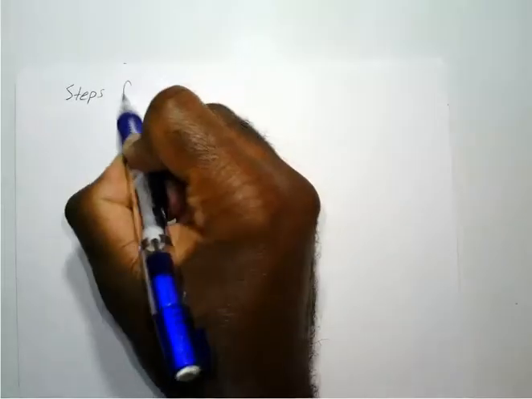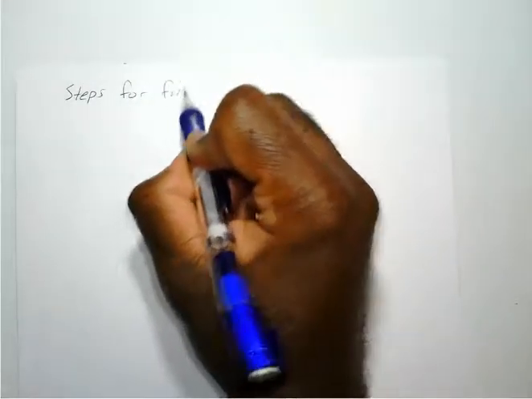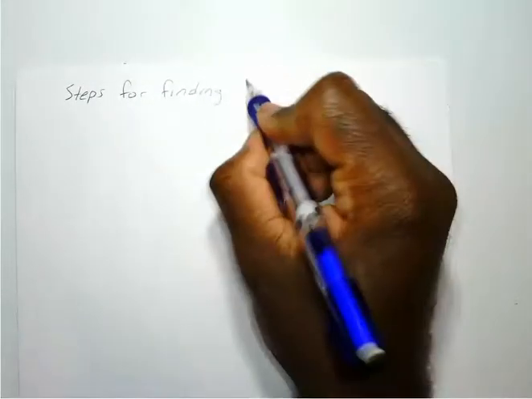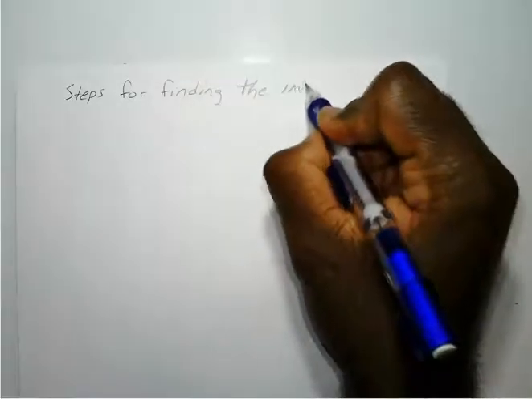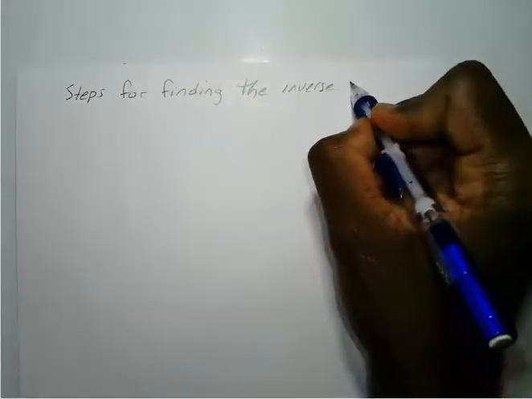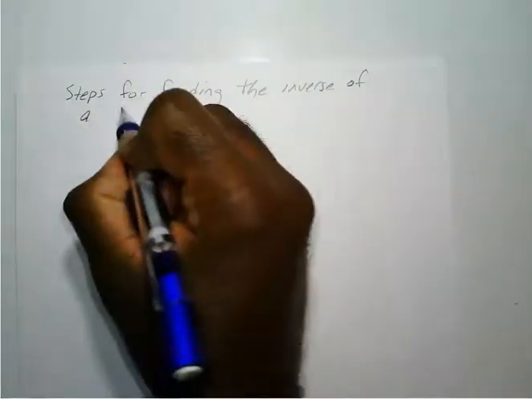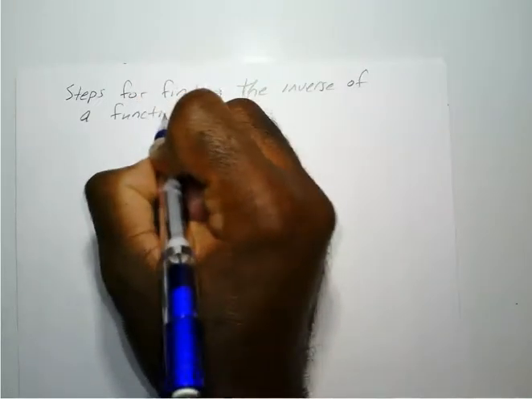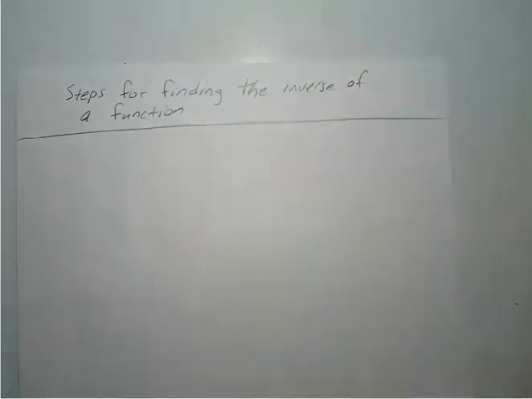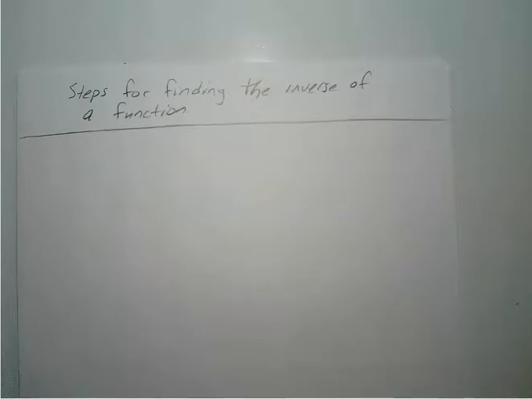Okay, so now we're going to look at the steps for finding the inverse of a function. Okay, so if you're given a function, we're going to be able to find the actual inverse of that function.